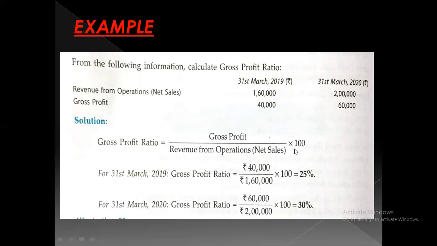So here in the previous year, gross profit ratio is 25%, and in the current year, it is 30%. So it shows that the gross profit is increased by 5% as compared to the previous year. It means the performance of the firm is better in the current year than that of the previous year.